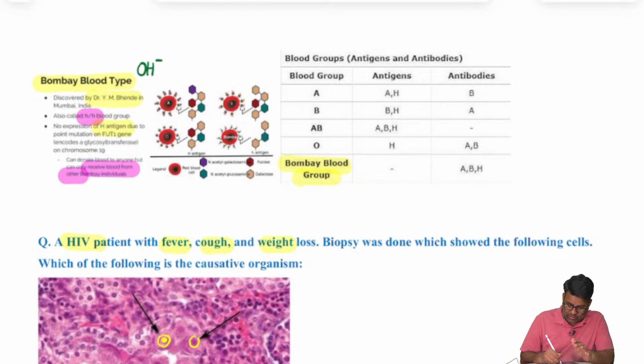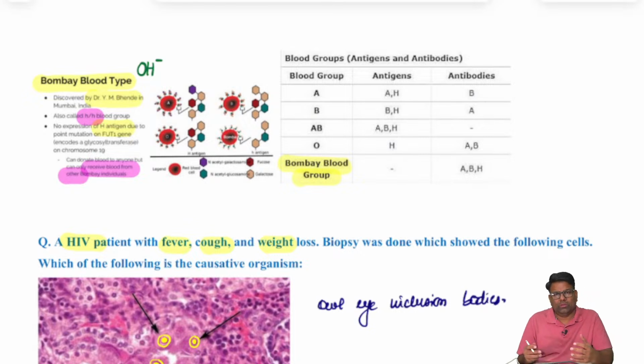Similarly, you can see one more cell here. These are known as owl eye inclusion bodies.